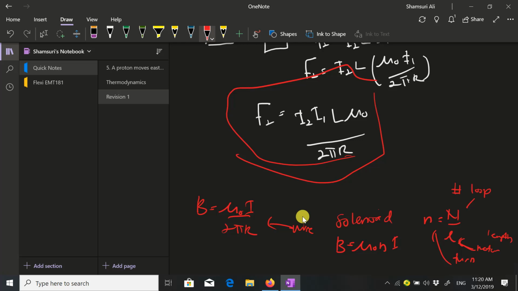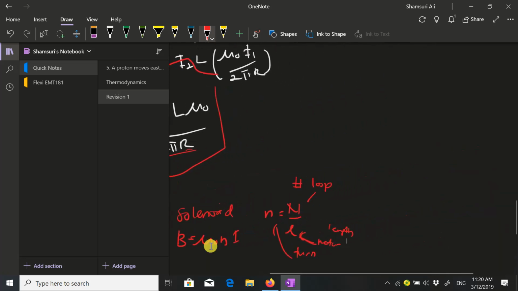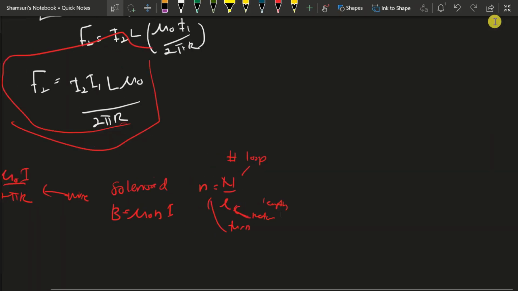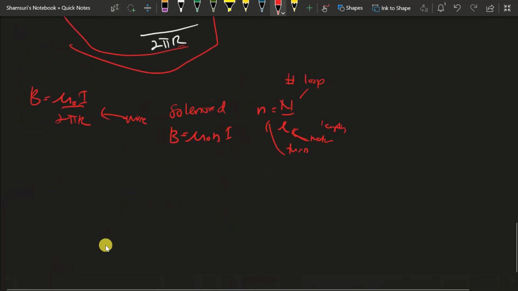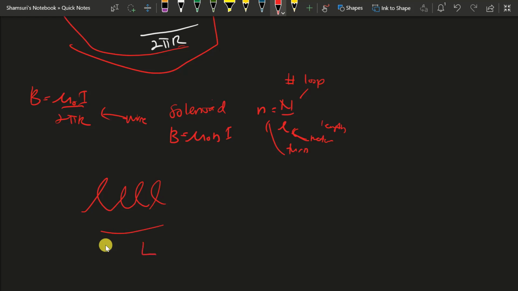So for the solenoid, it is like this, something like that. The length L, and then also the number of turns.